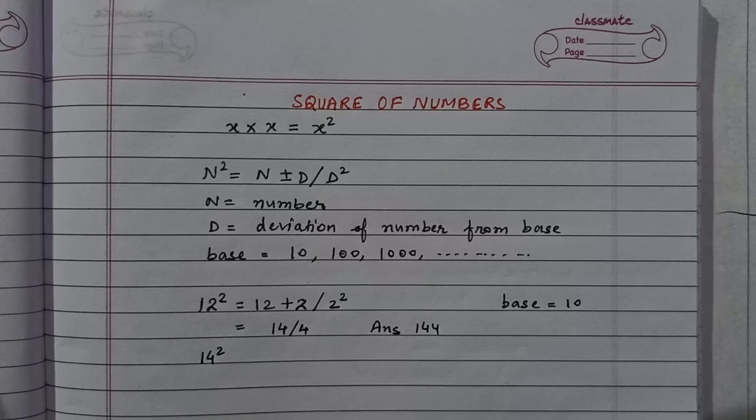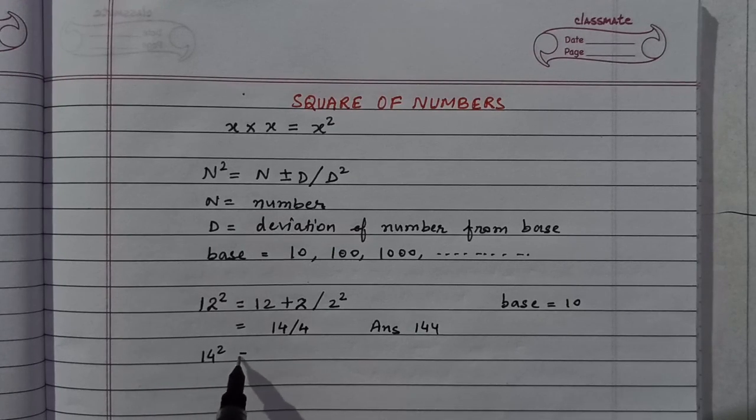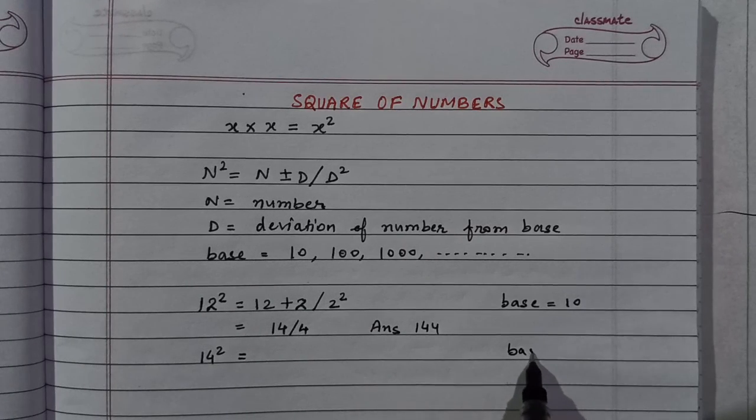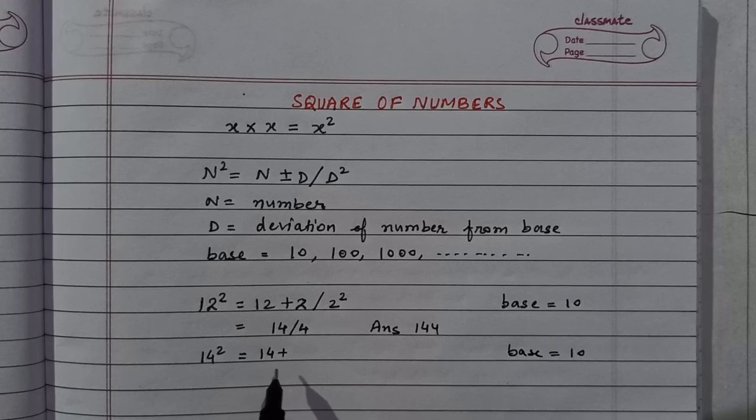14 square. Base 10, number 14, deviation 4, 4 square. 14 plus 4 is 18 and 4 square is 16.